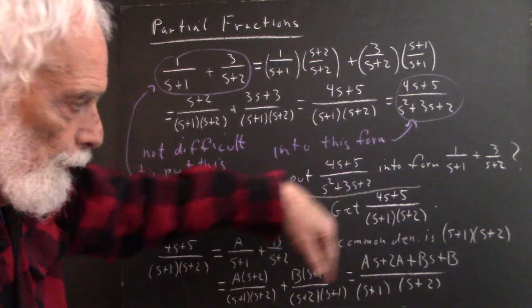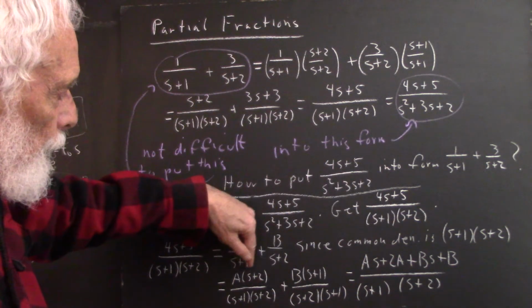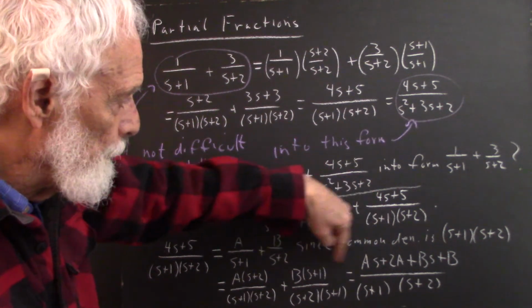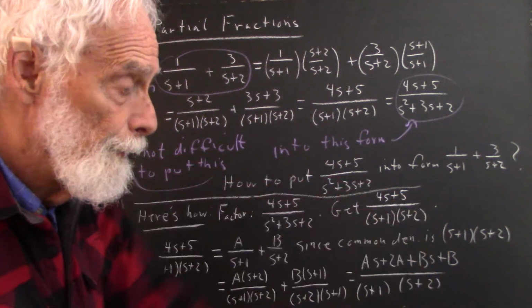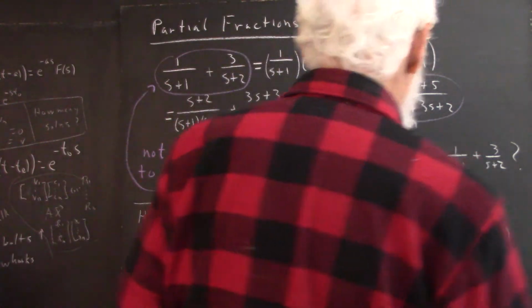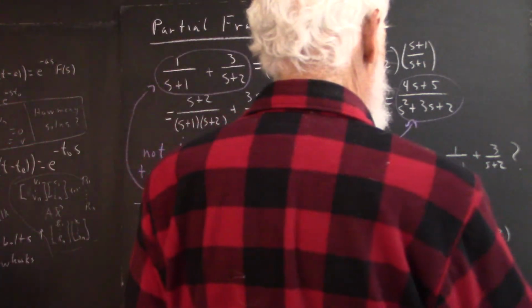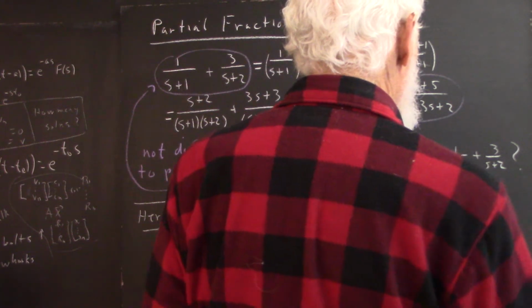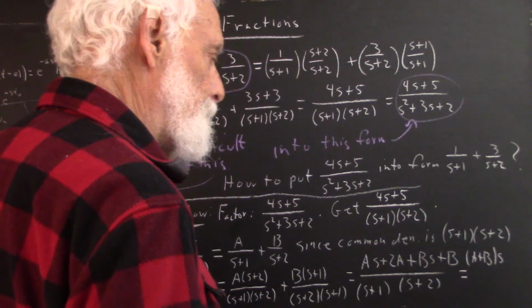And we can add the numerators. So this numerator is as plus 2a, there it is. This numerator is bs plus b, there it is. And now I can write this as a plus b times s plus 2a plus b.